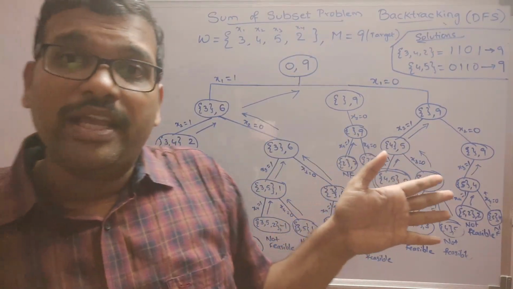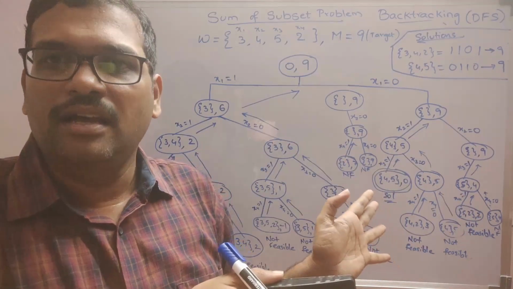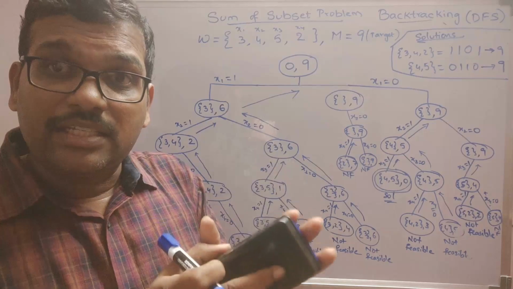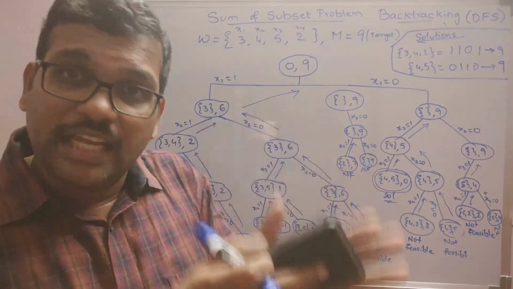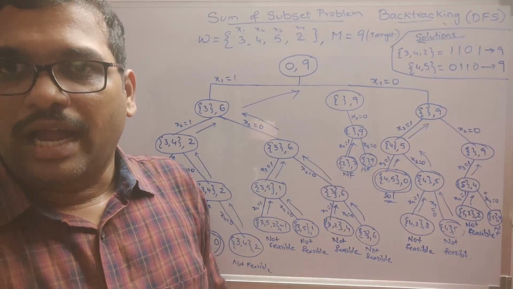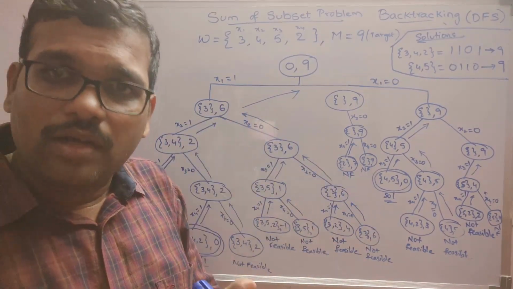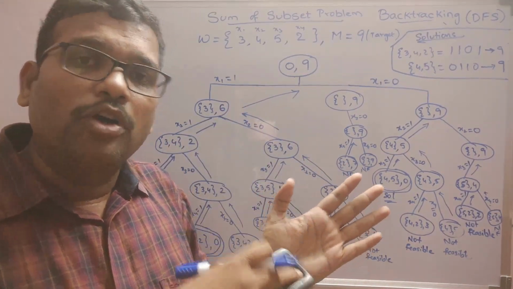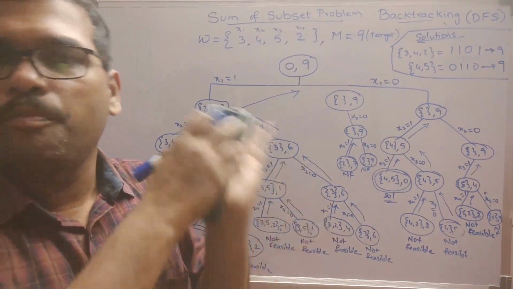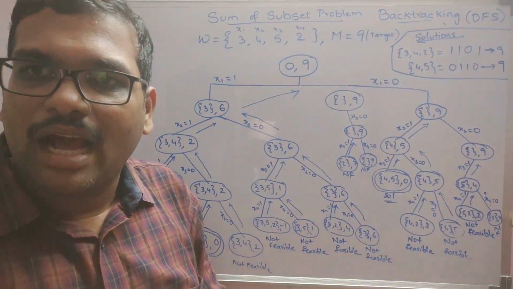That means we can add one more element and check the total sum with the target sum. If it is equal, we can stop and consider that as a solution. If it is not equal and it goes beyond the target, then obviously we have to stop, backtrack, and select the alternate path.